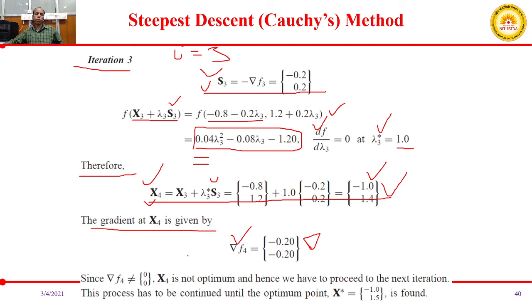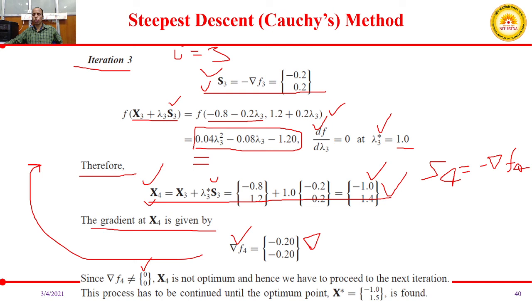So you will go for a further step, that is iteration number 4, and your next search direction will be minus gradient of f4. Okay, so I have put this particular example up to iteration number 3. You can calculate even more than that until you get your gradient equal to 0 comma 0.